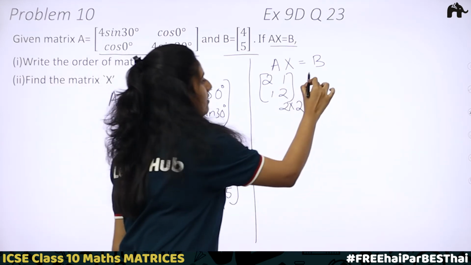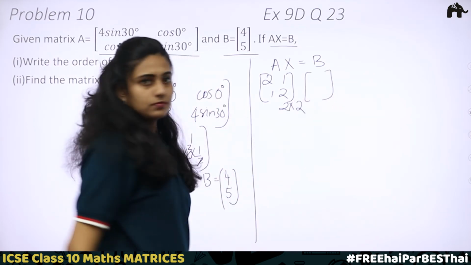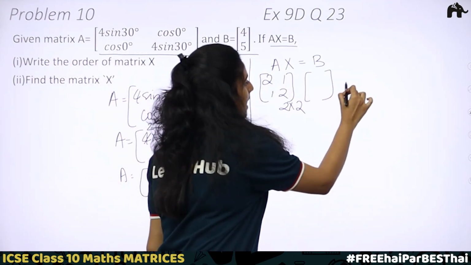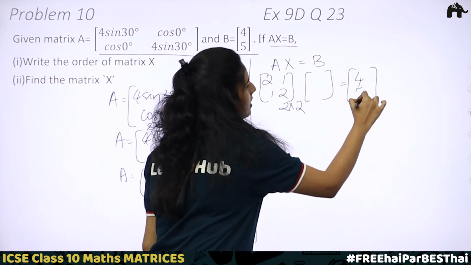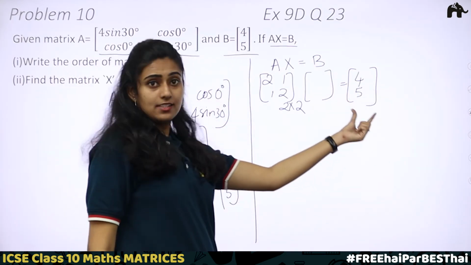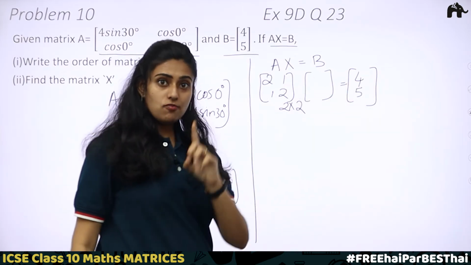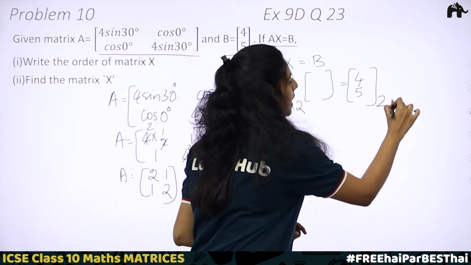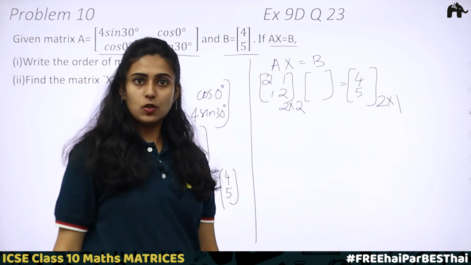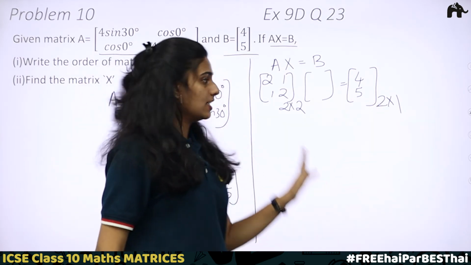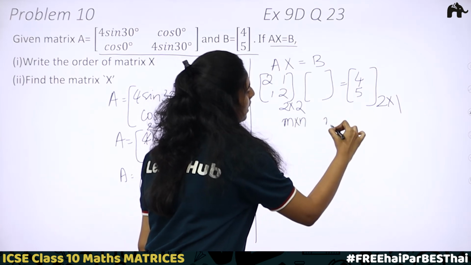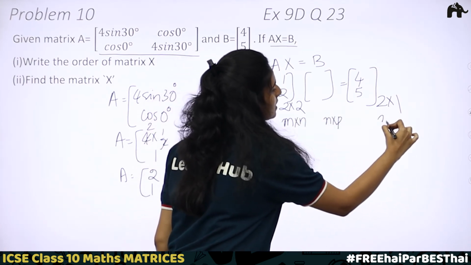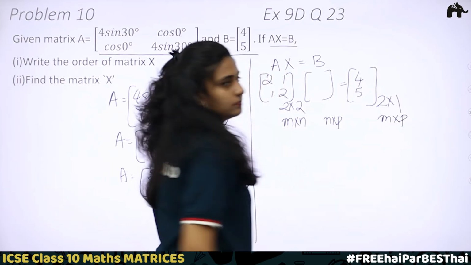Then we have an unknown matrix X, which when multiplied with A gives another matrix B, which is [4, 5]. What is the order of this matrix? Here we have 2 rows and 1 column. This is a 2 by 1 matrix. So we know M by N into N by P gives us M by P.